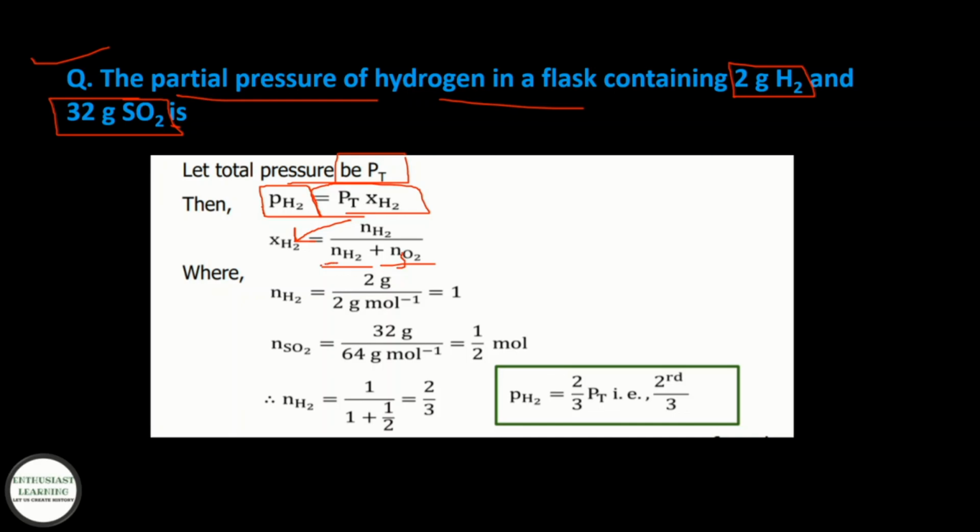From here we get the number of moles of H2 as 1 and number of moles of SO2 will be 32 by 64, which is equal to half mole. Now putting the values we get that the mole fraction of hydrogen is 2 by 3. So the partial pressure of hydrogen is 2/3 of the total pressure.